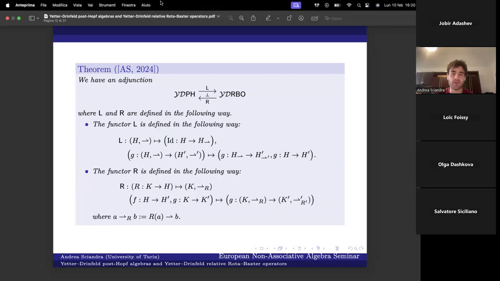Okay, and we have this result here. We have an adjunction, in fact, between these two categories, the one of Drinfeld post-Hopf algebras and Drinfeld relative Rota-Baxter operators, where the functors L and R are defined in this way. When you start with a Drinfeld post-Hopf algebra, as in the Lie algebra setting, you can consider the identity from H to the subadjacent Hopf algebra as a Drinfeld relative Rota-Baxter operator.